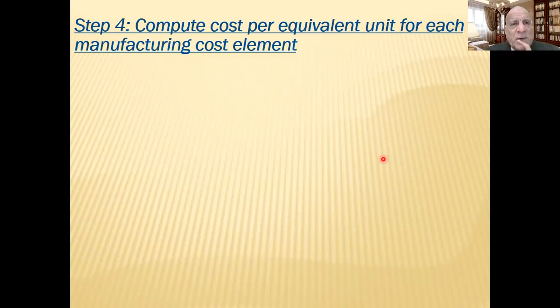Finally, as for step number 5, we will assign total manufacturing costs to units completed and units at the end of the period, which are work in process.